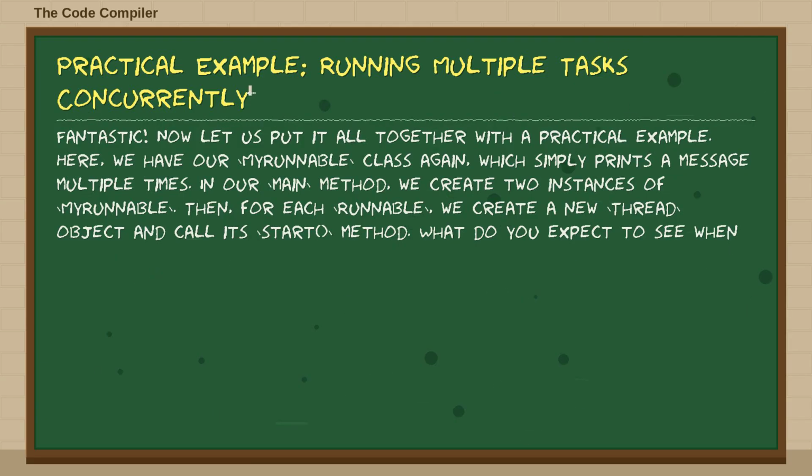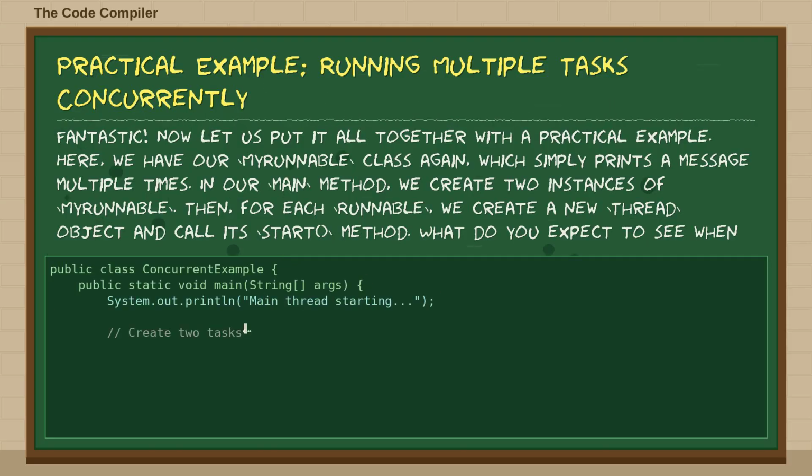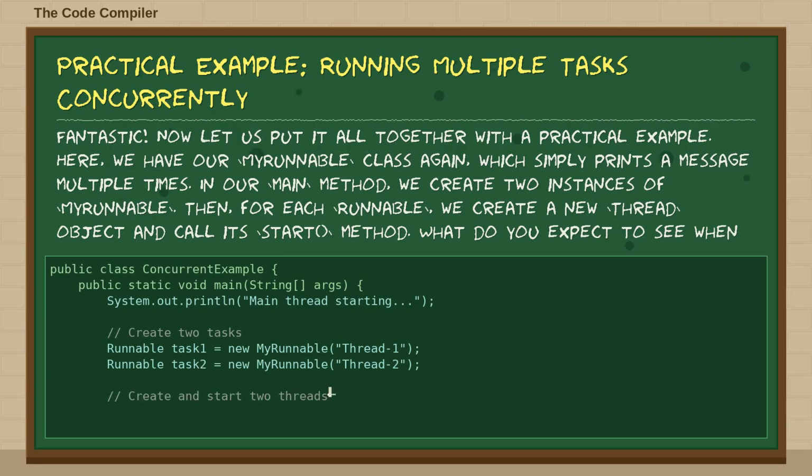This non-deterministic behavior is a fundamental aspect of multithreading and is something you must understand when designing concurrent applications. This simple example clearly demonstrates how multiple tasks can execute simultaneously, making your applications more responsive and efficient.